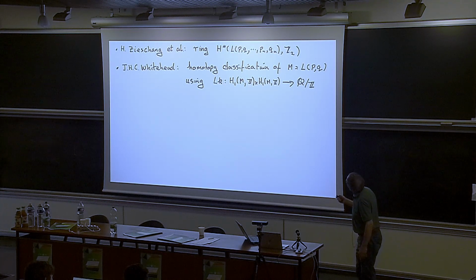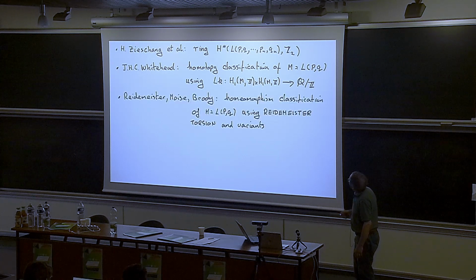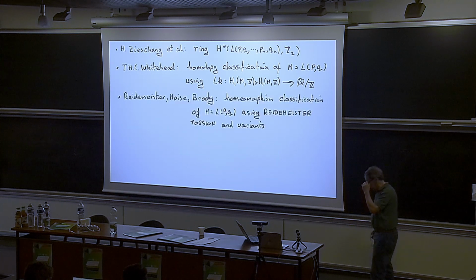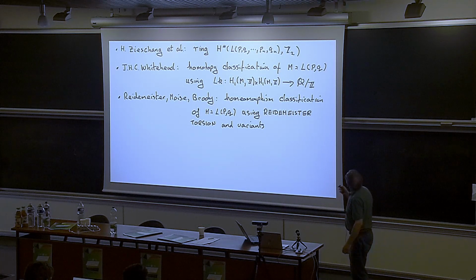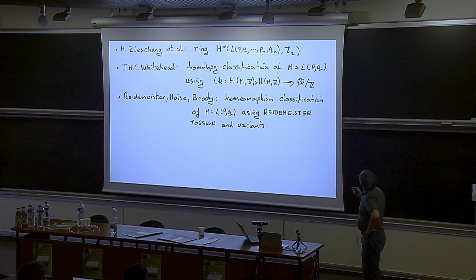And again, the point I'm trying to get across is that all these things are quite easy to implement in any computer system, such as GAP. And then more difficult is classifying lens spaces up to homeomorphism.